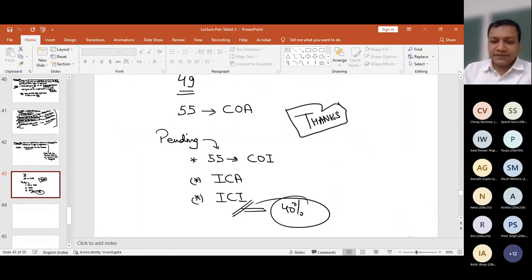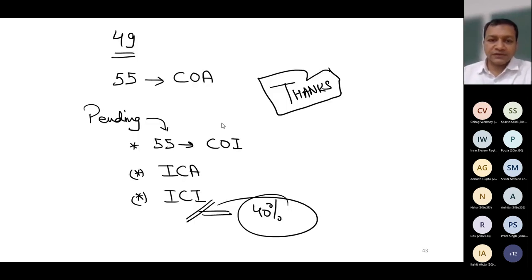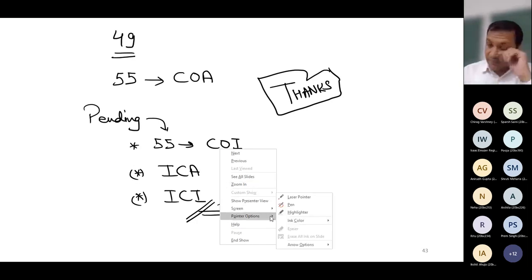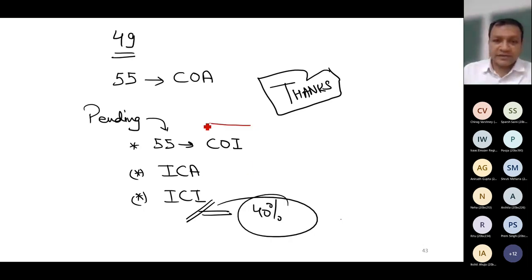As you can see on the screen, these 3 points were pending in the last lecture: cost of improvement, indexed cost of acquisition, and indexed cost of improvement. These 3 are pending.